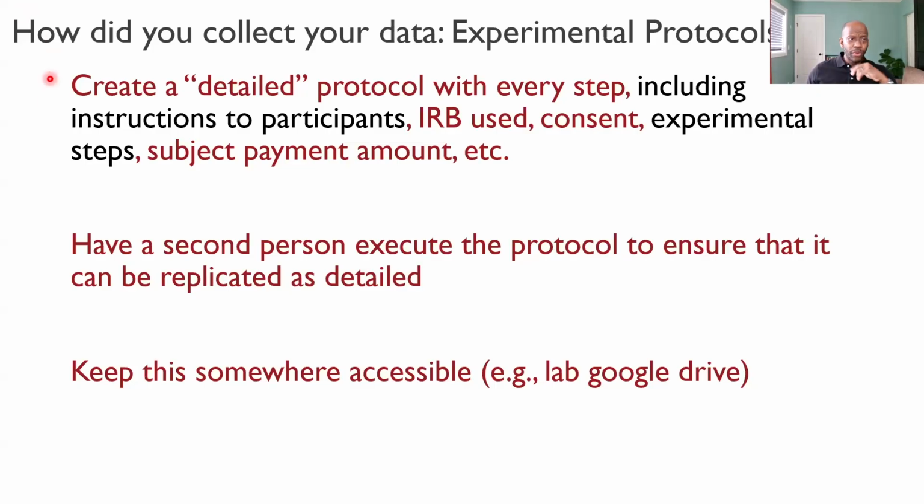So, we write very detailed experimental protocols just in Word files or Google Docs that list every step of the experiment, what we do in human subjects research. So what were the actual verbatim instructions you give to your participants? How do you consent them? What are each of the steps in the experiment and so on?